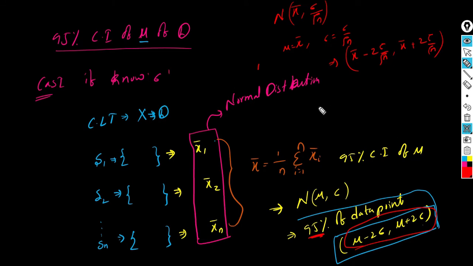I have a 95% confidence interval: the mean value lies between these two values. This is if we know the population standard deviation. What if we don't know the standard deviation of the population data? Let's do case 2.